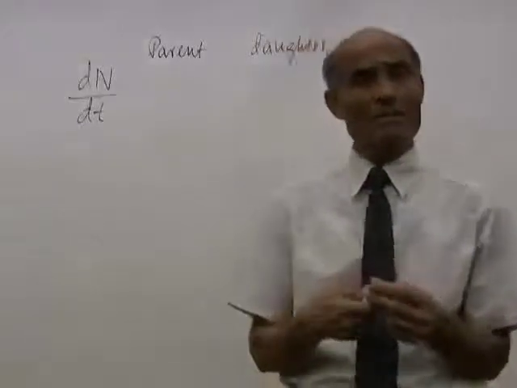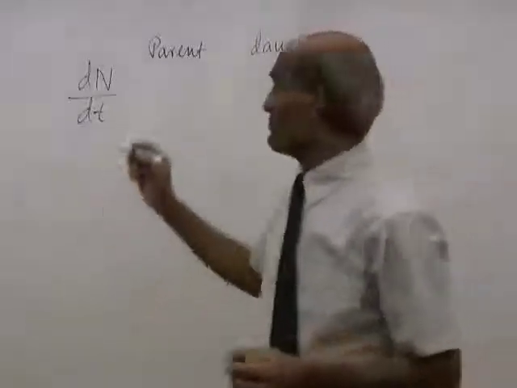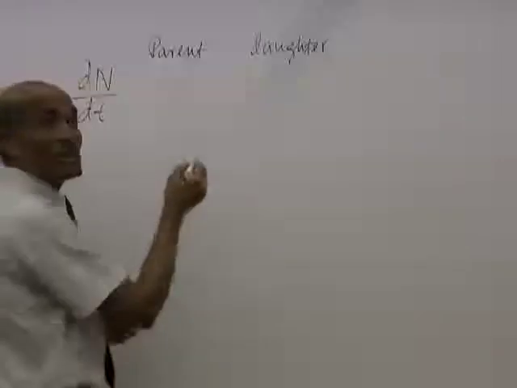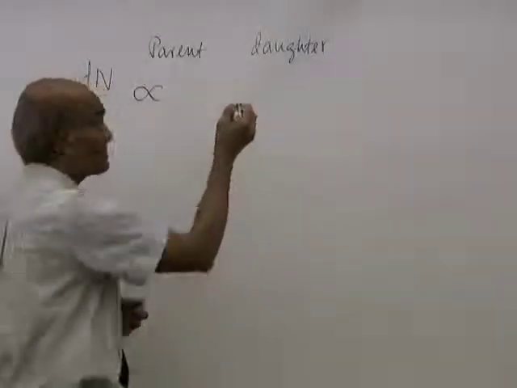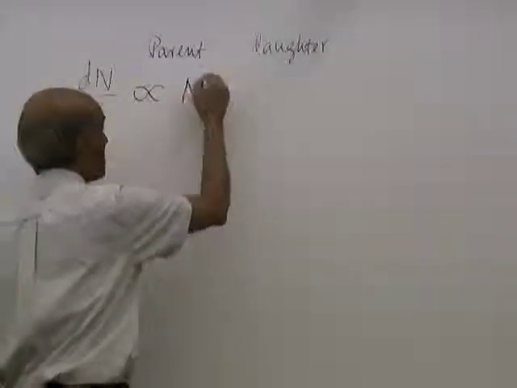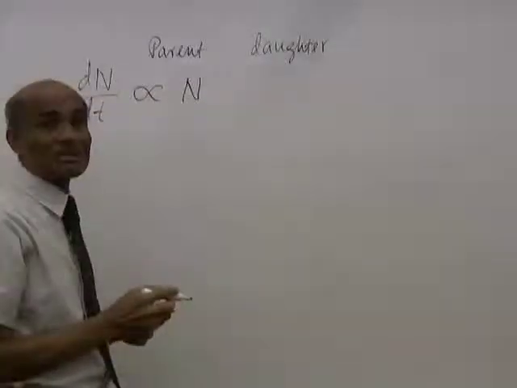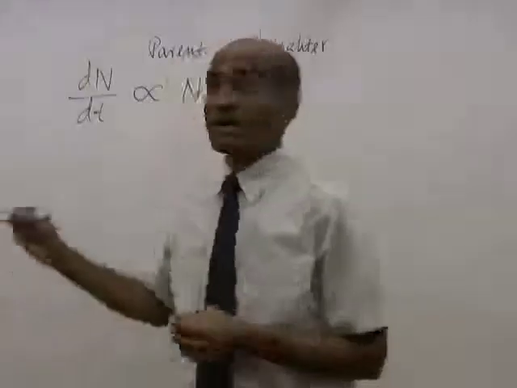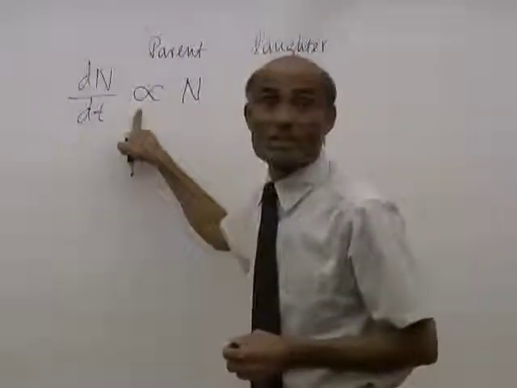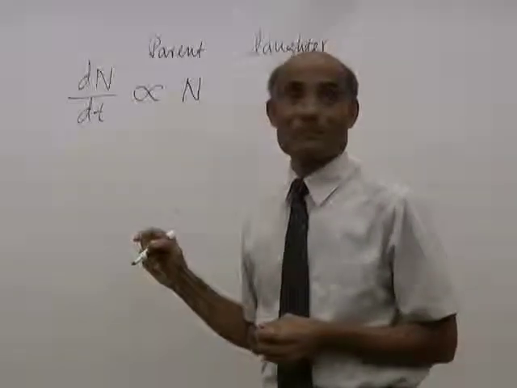Now, how do we write that mathematically? We would say dn by dt is directly proportional to the number of atoms originally present. That is the mathematical representation for that. Now, can you change this proportionality to an equal sign?